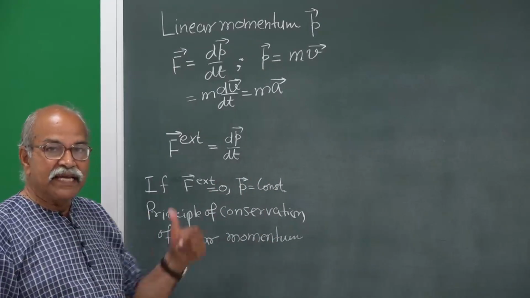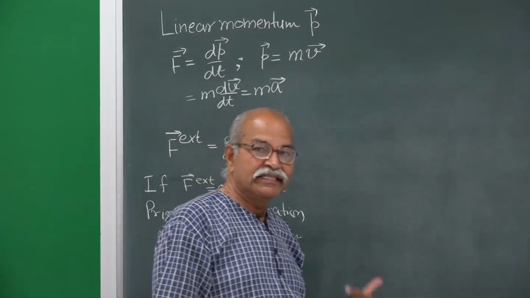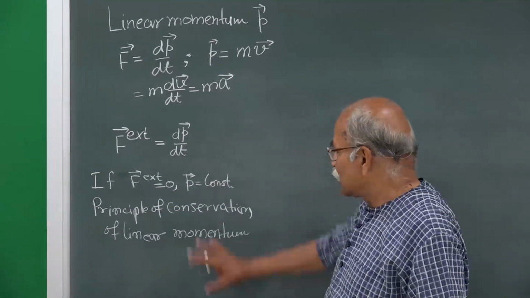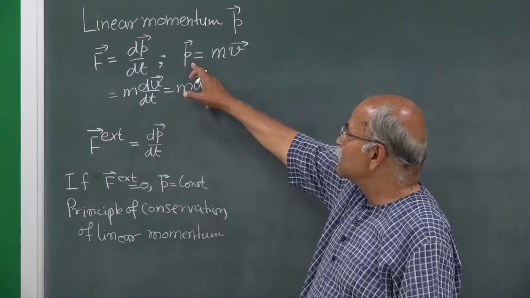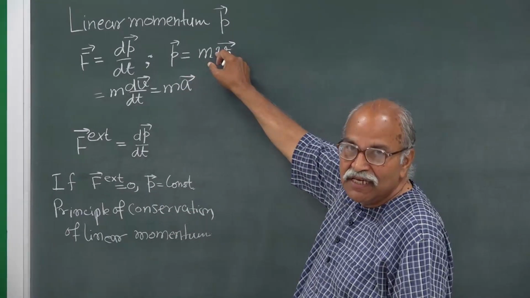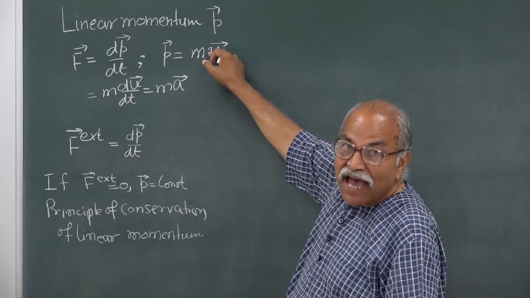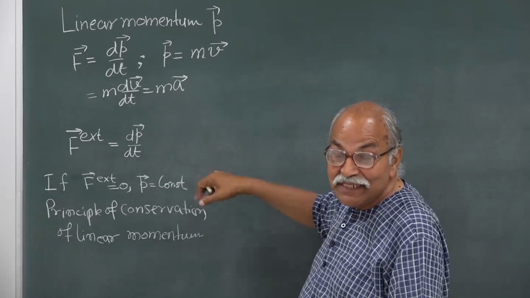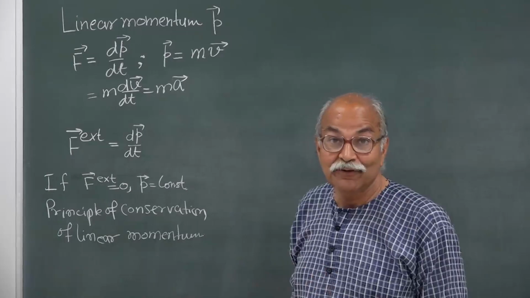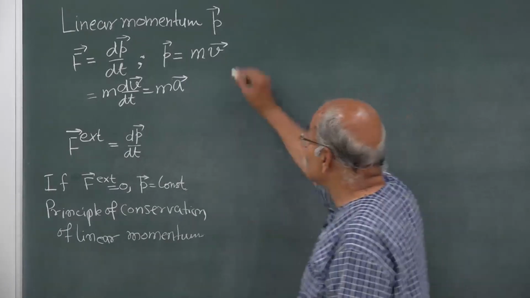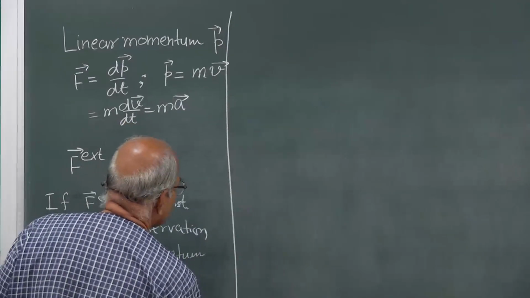So, first I will take an example and see if this principle of conservation of linear momentum, with this definition p equals m times v, is valid when your speeds are high, or it has to be looked into. So, I take a specific example.